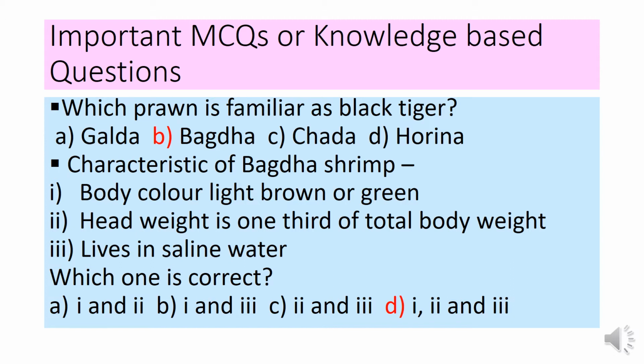The options are: body color light brown or green, head weight is 1/3 of total body weight, and lives in saline water. All three options are characteristics of Bagda shrimp. That's why the answer will be D, that is 1, 2 and 3. The question may also be about characteristics of Golda shrimp. This question is also important.